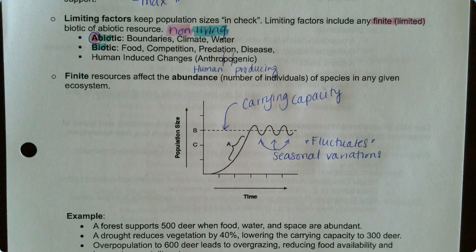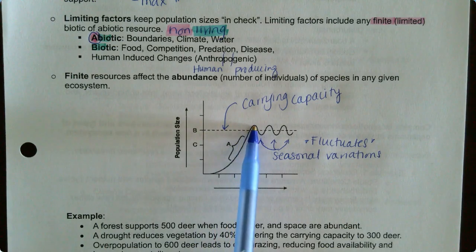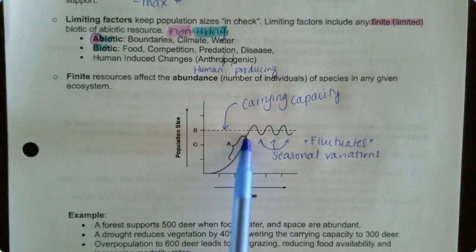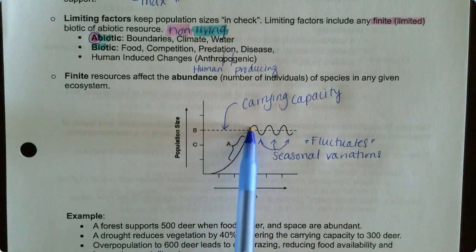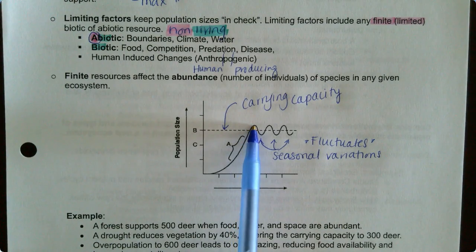If there's a lot of food for herbivores, that means there are more herbivores. If there's more herbivores, that means there are more carnivores, because carnivores have more herbivores to eat. So this increase slightly above the carrying capacity could be like, hey, we're having a good year. There's lots of plants around, and therefore lots of herbivores.